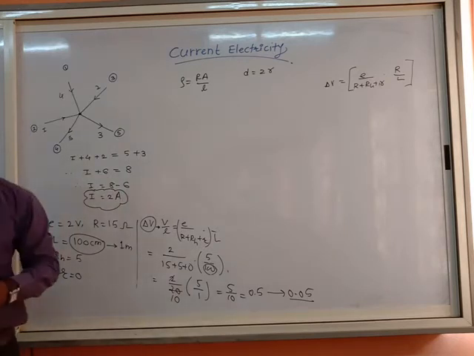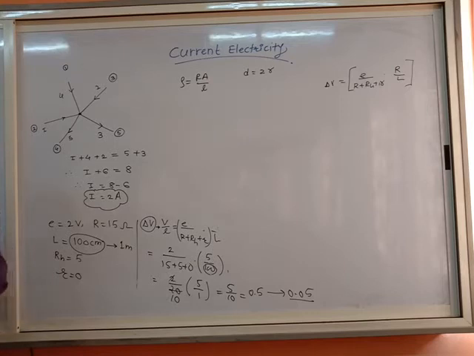So option D is the correct option, 1 × 10⁻⁷.